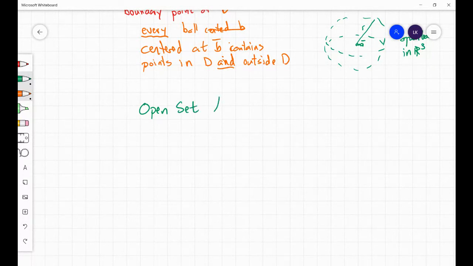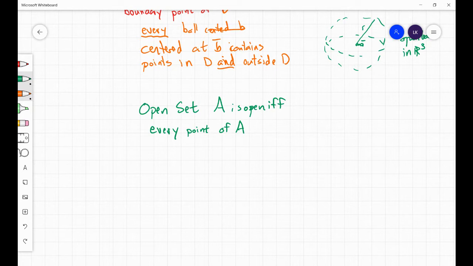Let's use A. An open set is one where every point of the set is an interior point. So the set completely consists of interior points. So basically no boundary points.